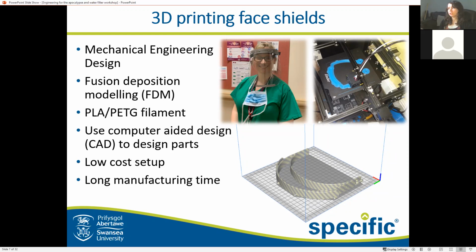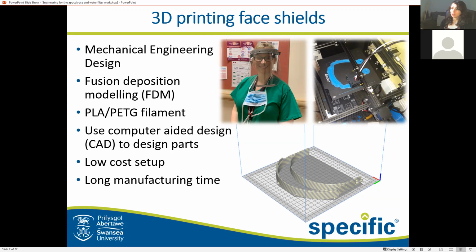So what are the advantages of using rapid prototyping, so 3D printing? It is incredibly low cost to set up, but it takes an absolute age. So this face shield you see there, just the head section, that took around 4 hours to print off. So if we compare that to alternative techniques such as injection molding, which takes seconds to produce, it's not so great.